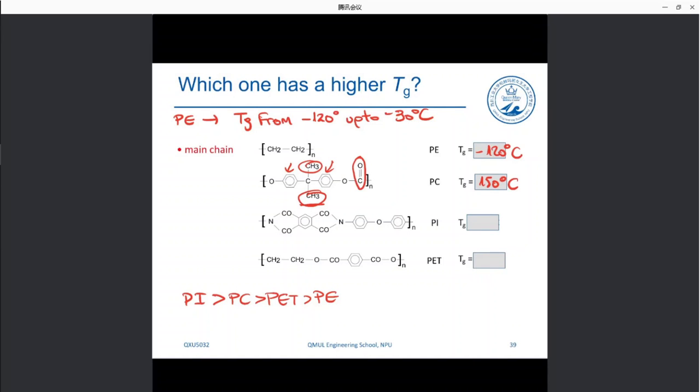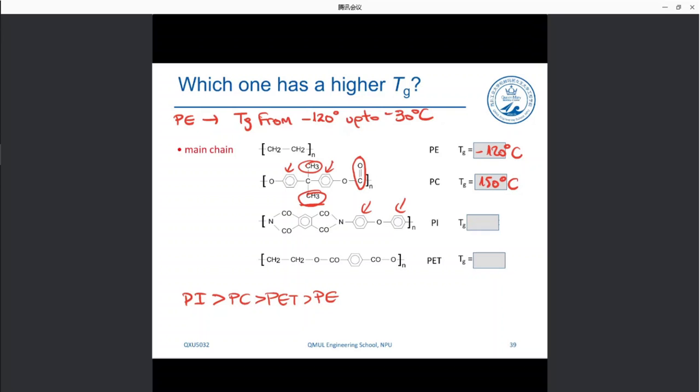The PI, the polyimide, as we said, is one of the most difficult polymers to fabricate and process, because you can see that the bonds are very difficult to break, all of them. You have three phenyl rings in the main chain, you have carbon-oxygen bonds, you have nitrogen bonds.